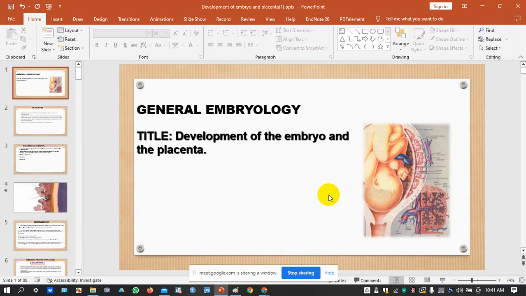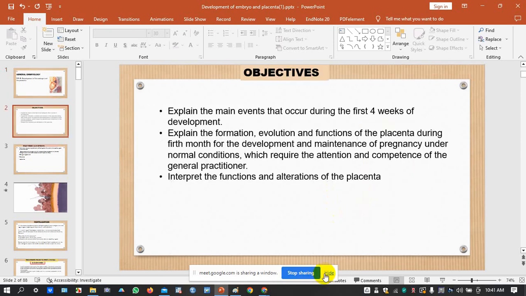Development of the embryo and the placenta. The lecture will explain the main events that occur during the first 4 weeks of development.